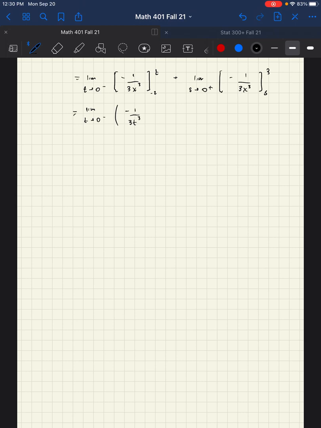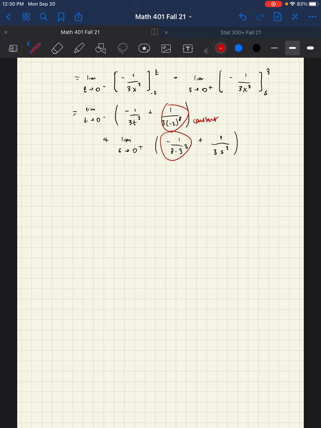So the limit as t approaches 0 from the left of -1 over 3t cubed plus 1 over 3 times -2 cubed, plus the limit as s approaches 0 from the right of -1 over 3 times 3 cubed plus 1 over 3s cubed.